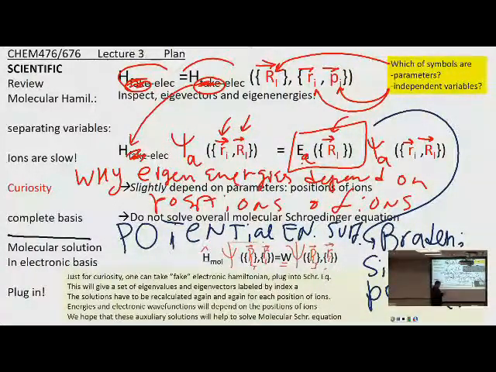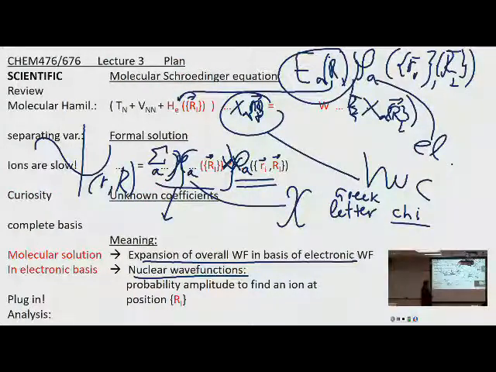And then our approach was to construct a superposition of all available electronic wave functions with some temporarily unknown coefficients and plug this superposition into the complete molecular Schrödinger equation and see what happens.